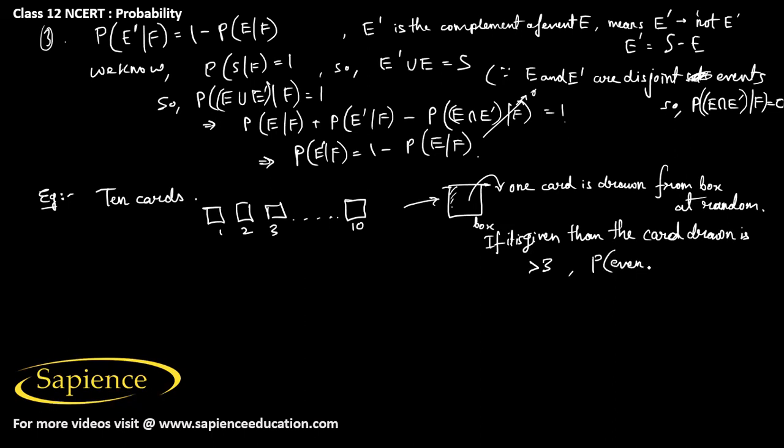So we have to find the probability of drawing an even number card given that the card drawn is more than 3. This we have to find.